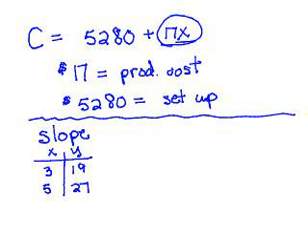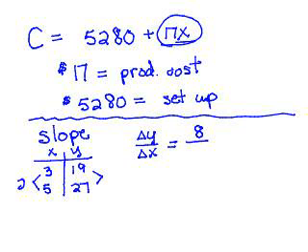To find the slope there, we can look at the change in the y over the change in the x. So the change in the y going from 19 up to 27, we are going up 8. And on the x, we're going from 3 to 5, so we're going up 2. So we end up with 4 for the slope of that line.